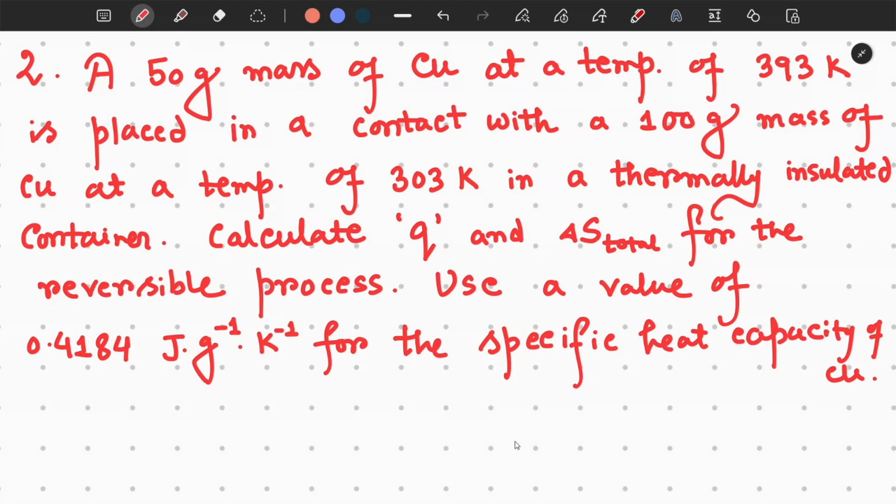Okay, a 150 gram mass of copper at a temperature of 393 Kelvin is placed in contact with a 100 gram mass of copper at 303 Kelvin. We have to use the zeroth law of thermodynamics, in a thermally insulated container.